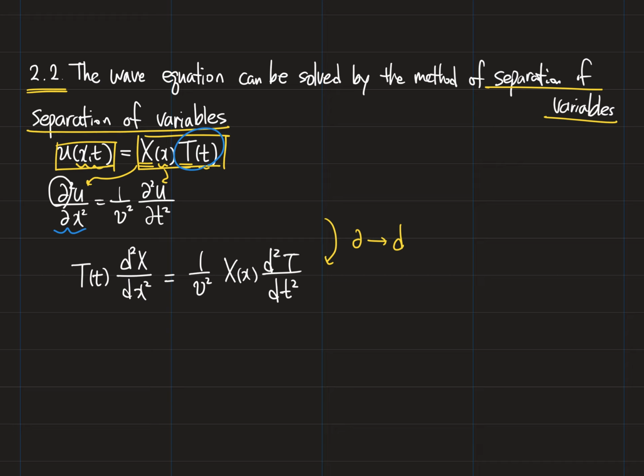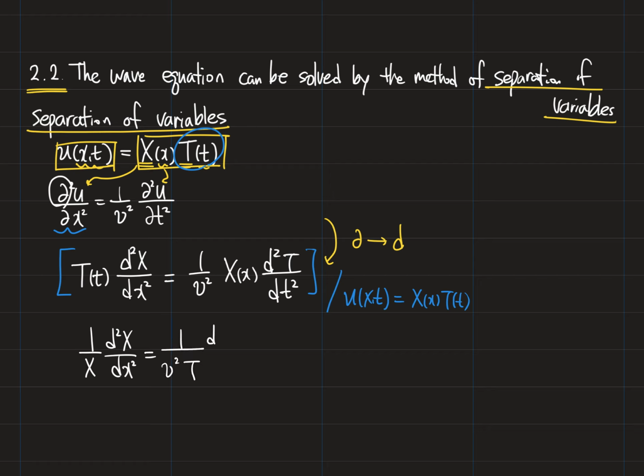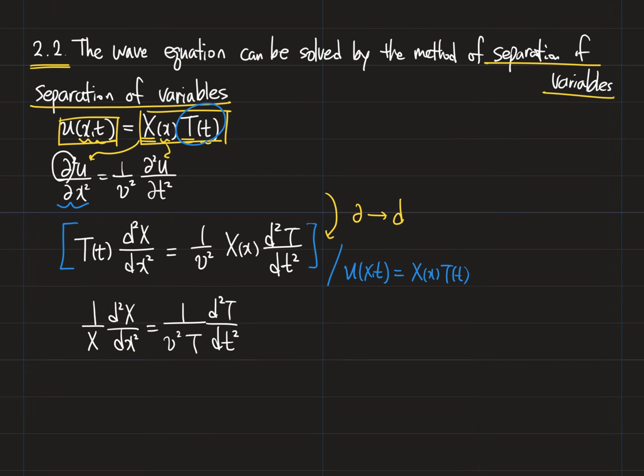But if we divide both sides by u, still using that the displacement is given as X multiplied by T, then this will give us something like this. Now we are very close, we are almost there.